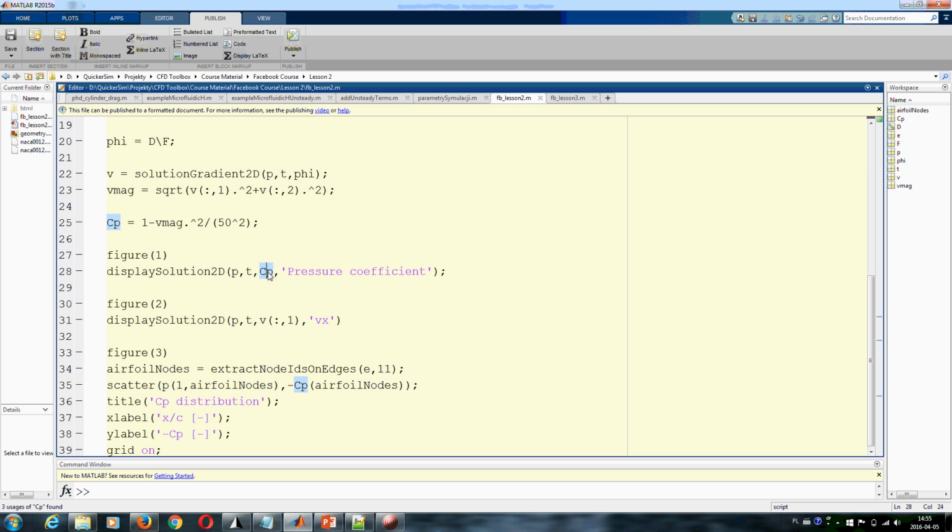Cp is the field which is defined for every node in the mesh, and this is simply your description that you want to give to the plot. This will be pressure coefficient. Again, the same way in the second figure, but right now we want to specify Vx, not the magnitude, simply Vx, and that's it.